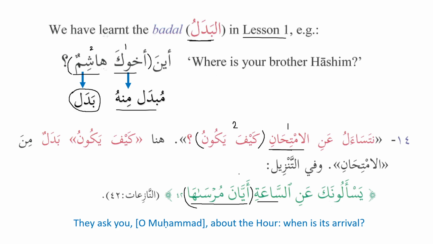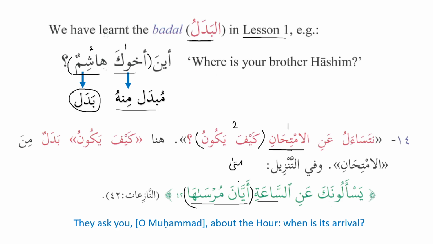Ayyana is used in the context of mata, so it means when. That's why it is a dharf. However, it is used for bigger events, and it is not used in the beginning of the sentence. Whereas we use mata al-ikhtibaru, mata al-imtihanu, when is the exam, in the beginning of the sentence.